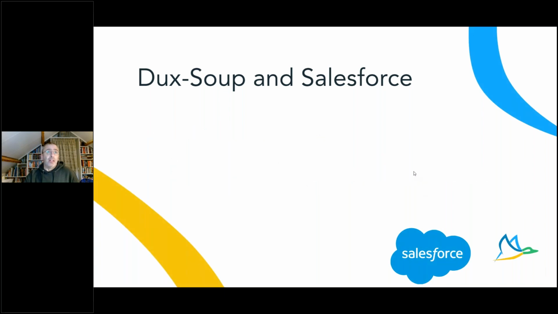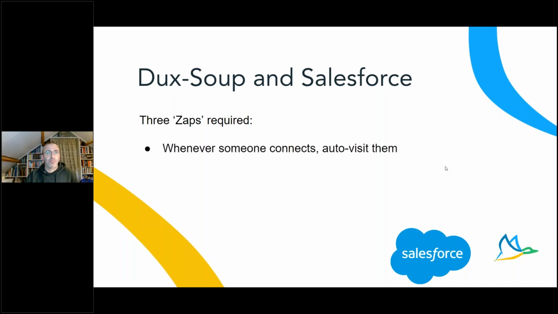So with Dux-Soup and Salesforce, we're going to have three zaps. We're going to create three separate activities within Zapier. Whenever someone accepts a connection request and becomes a first-degree connection, we're going to trigger an auto visit because they become more interesting when they're a first-degree contact. You can see more details.